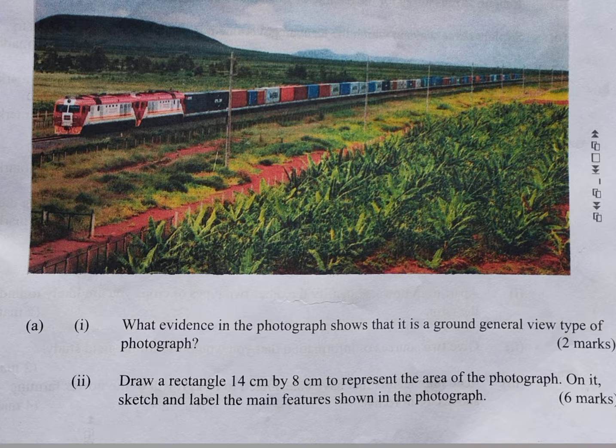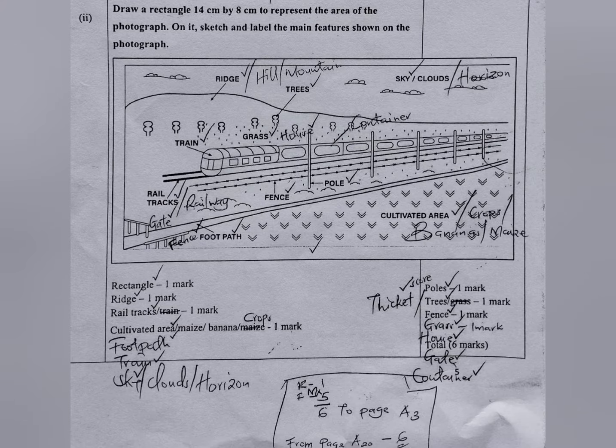So there are so many features here that you could have identified. There is cultivated area. You could also have identified the crops. We have the bananas or maybe maize. You can call them crops. You would still score. Then I can see a fence. There is a footpath. I can see a gate. I can see grass. I can see railway.